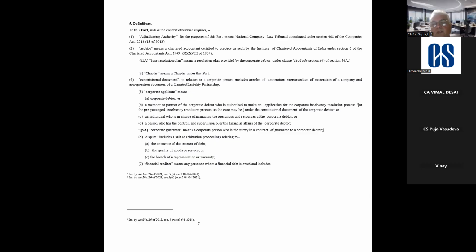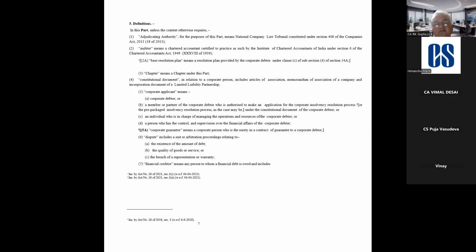So there is a breach of terms and conditions, and a difference with regard to non-payment of the amount. The point here is that IBC is not a recovery mechanism. So if there is a dispute, you cannot go in for this process. You have to go to other forums. So in case of dispute, an application by an operational creditor cannot be initiated.